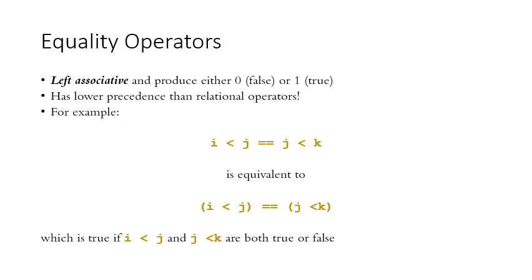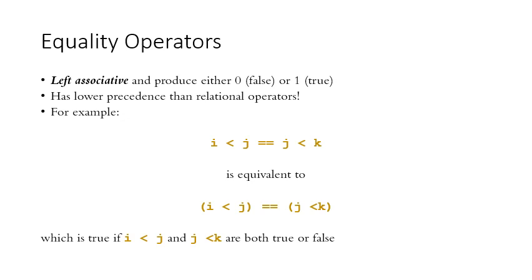However, the equality operators have lower precedence than relational operators. For example, we have i less than j equals equals j less than k.